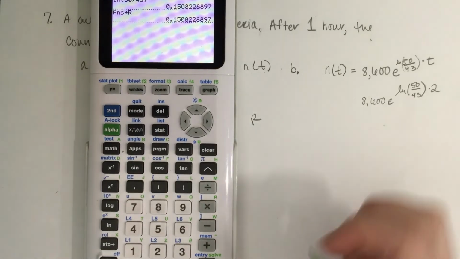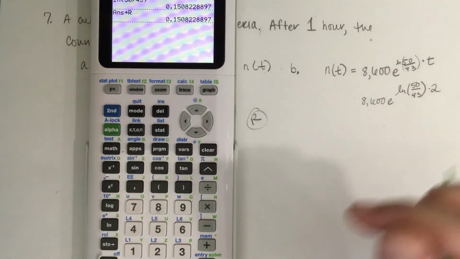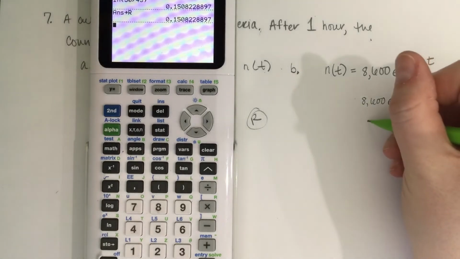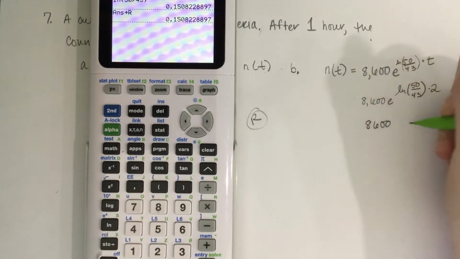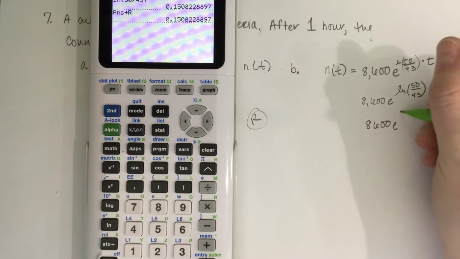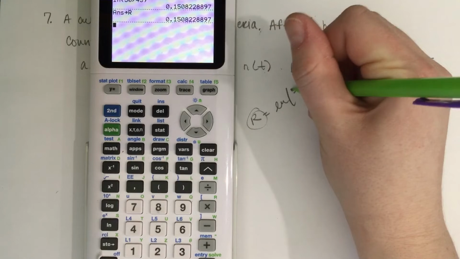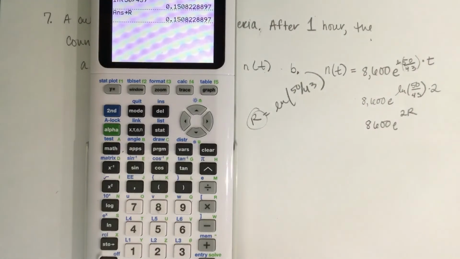And so now, anytime I'm dealing with this problem, instead of typing in the natural log of 50 over 43, all I have to do is use R. So my problem really is 8,600 times e to the 2R, because I know R is the natural log of 50 over 43.